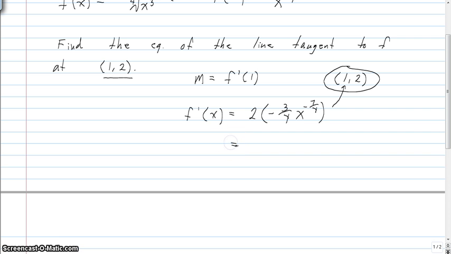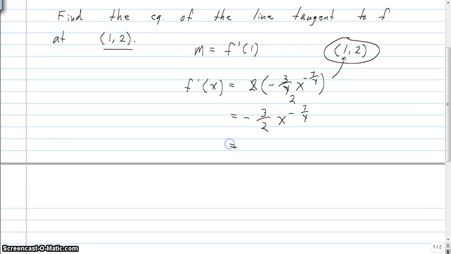So 2 cancels here, giving minus 3/2 x to the minus 7/4, and maybe simplify this a little bit. I'd have negative 3 over 2x to the 7/4, or you could write that as the fourth root of x to the 7th.